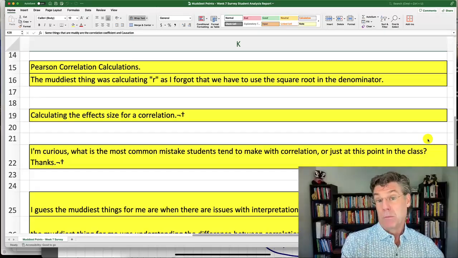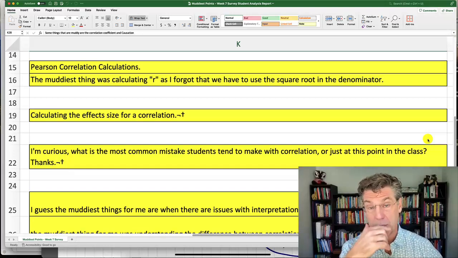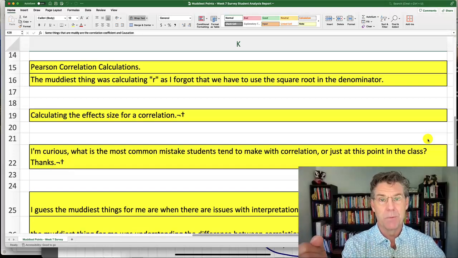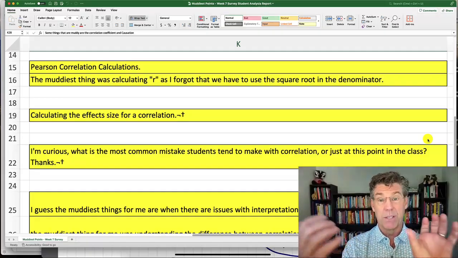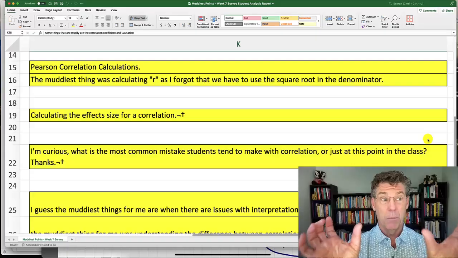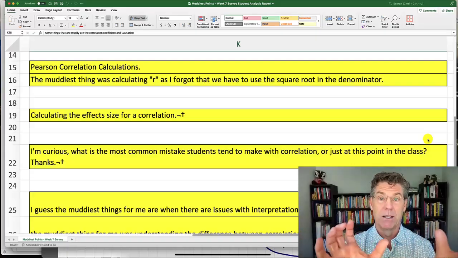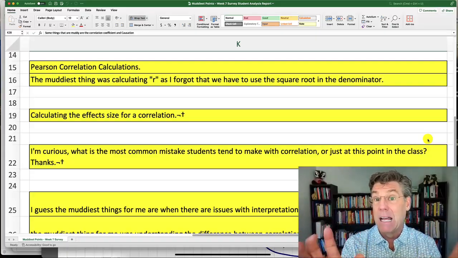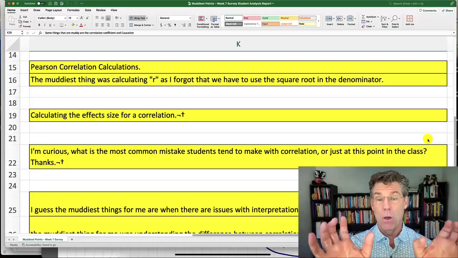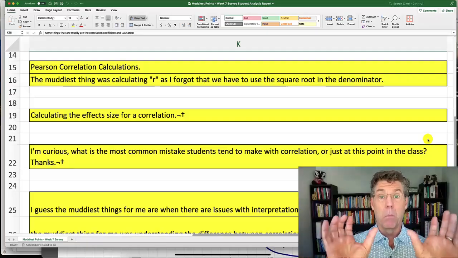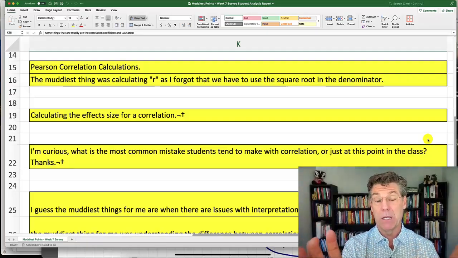The problem, and the common mistake students are going to make, is the interpretation of the correlation. Correlation simply measures how much two variables appear to relate to each other. It does not, and this is the misinterpretation, explain how they relate to each other. There are multiple ways they can relate to each other.